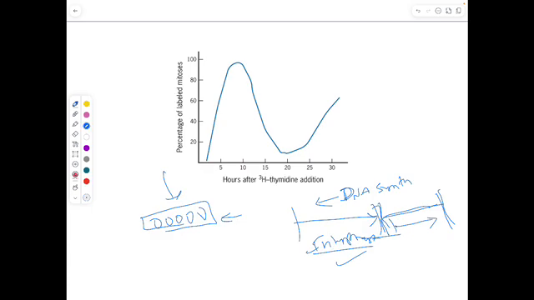They took an asynchronous cell culture. Asynchronous culture means some cells have just started interphase, some are about to finish, and some might even be in the mitotic phase. So at different stages we find cells in this culture.